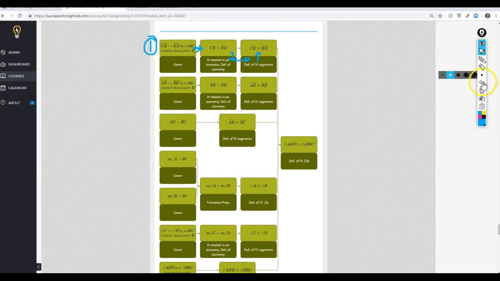The next thing that we're going to do is start off on this part. So then we're going to move to this one, and we're going to say the same thing. Given that segment AE is transformed to BE by a 180 degree rotation about point E, we know that, so we're going to flow this one now.